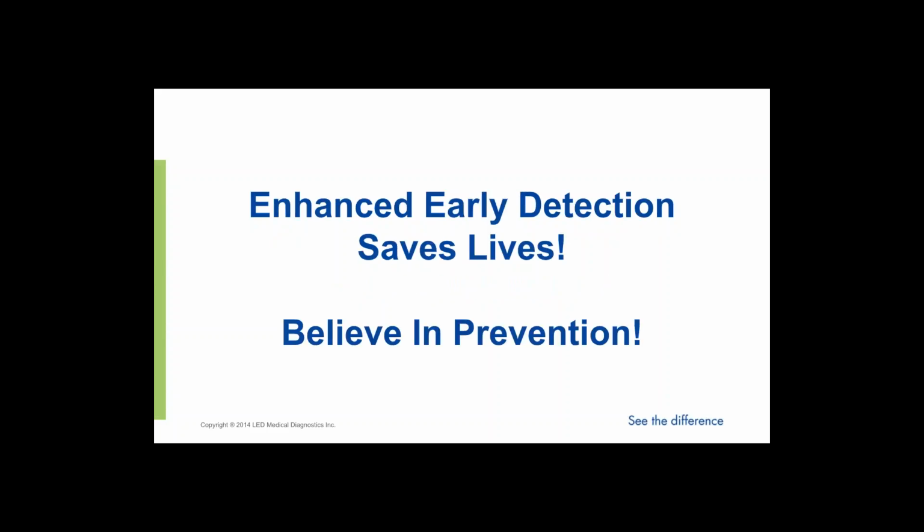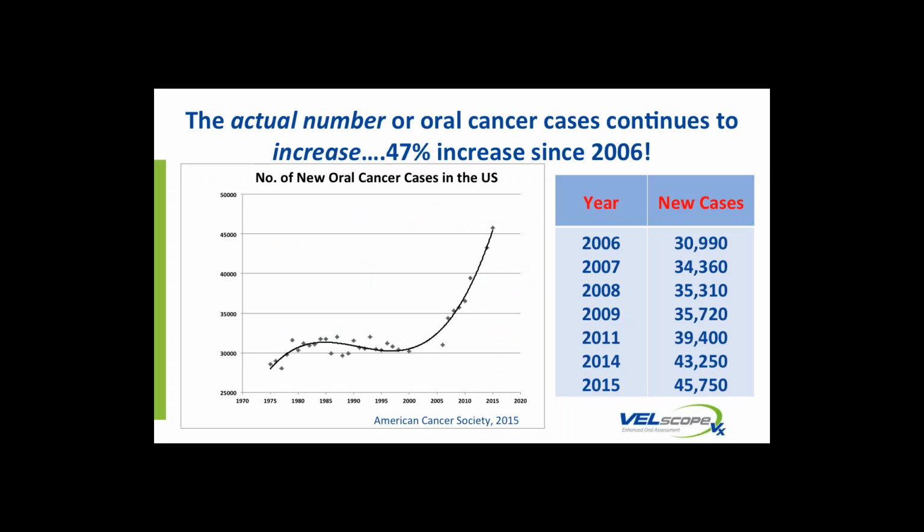Because we know that when we prevent anything from occurring that could be deadly, we're going to save lives. So, a few statistics that I just want to share with you. I'm going to put this, if you will, in your mouth and say alarming. These numbers should be considered alarming for two reasons.